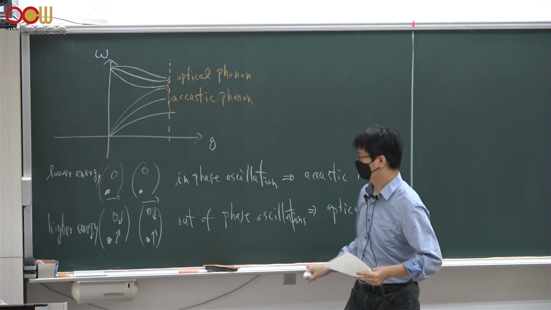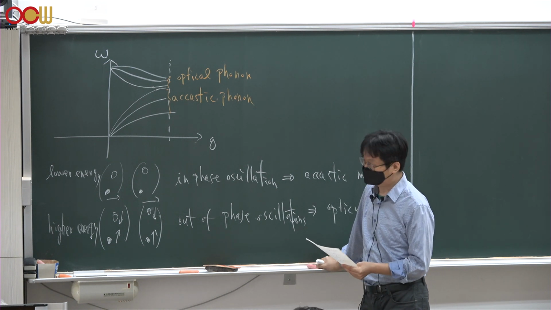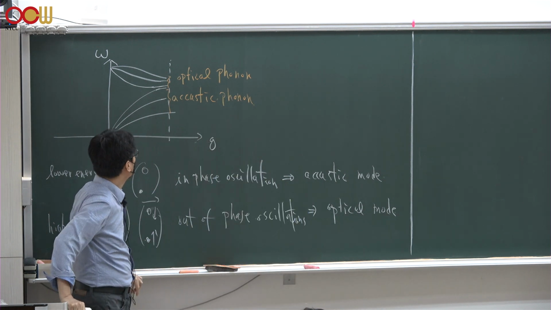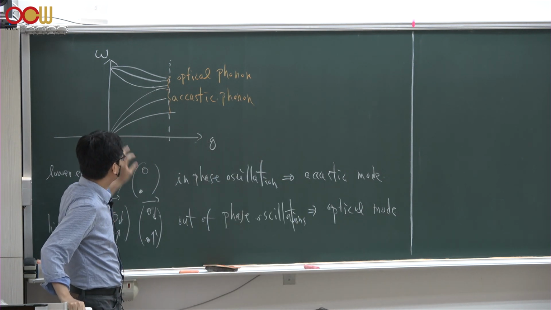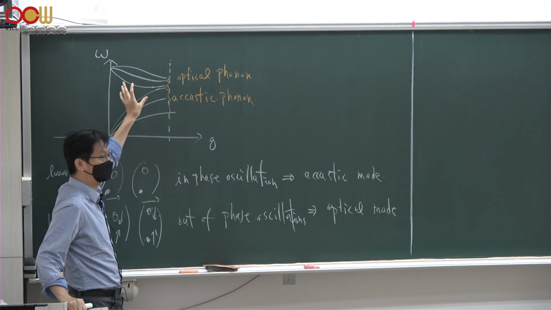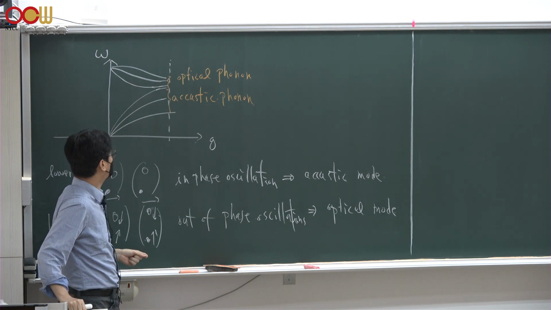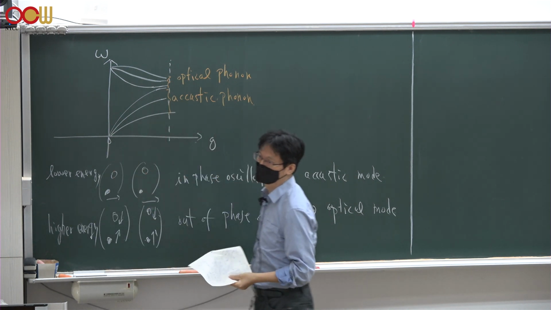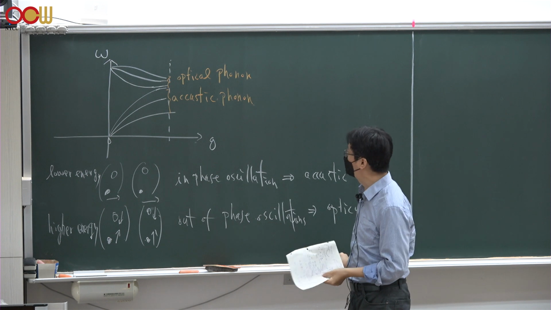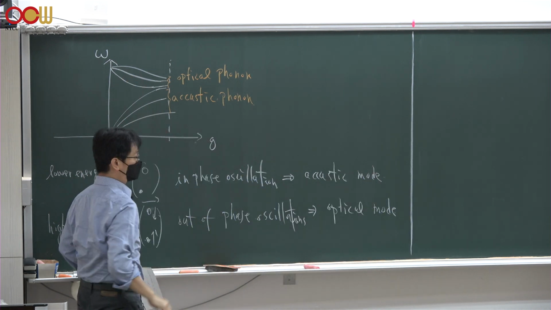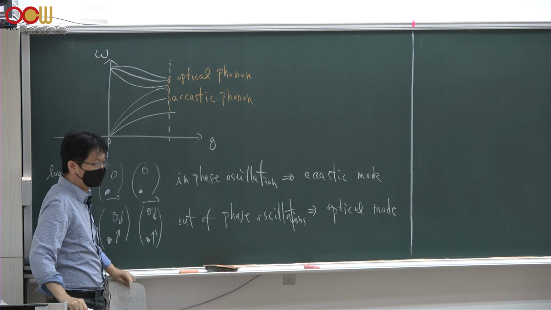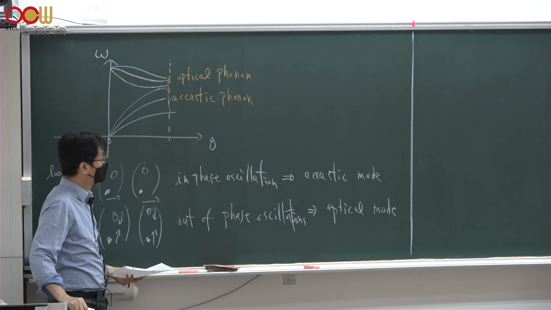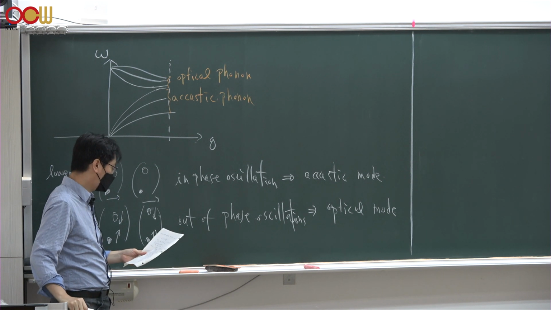Okay, so let's continue. As I mentioned, this interlocked non-simple Bravais lattice shows six phonon modes, three of them lower in energy and another three located higher in energy. As q goes to the zero limit, the lower three modes are called acoustic phonons, and the upper three branches are called optical phonons. Let's study why they are called acoustic and optical respectively.